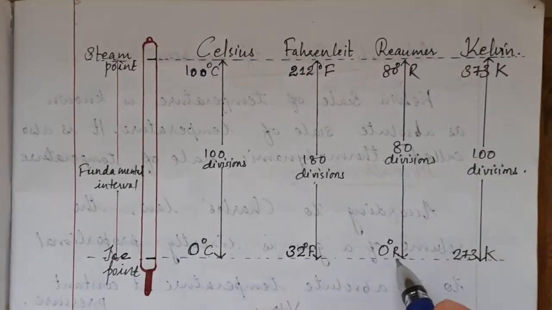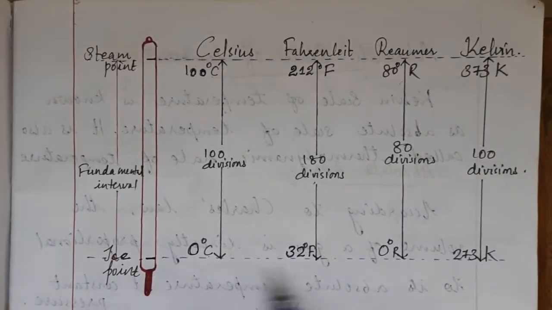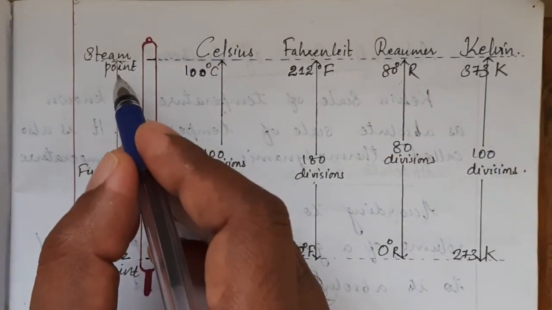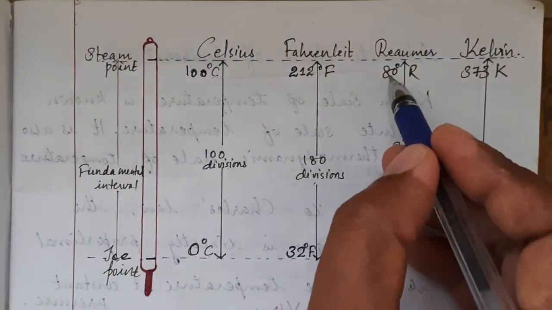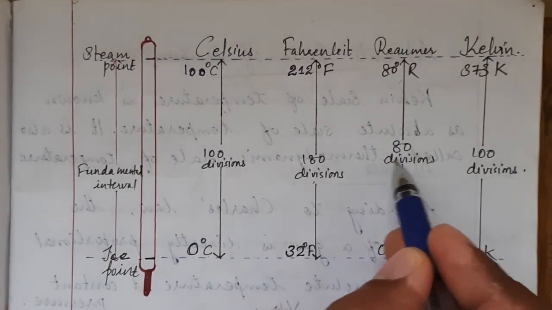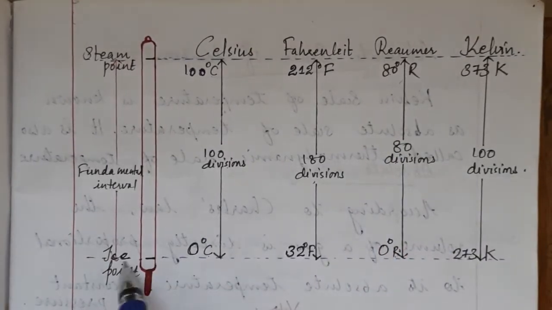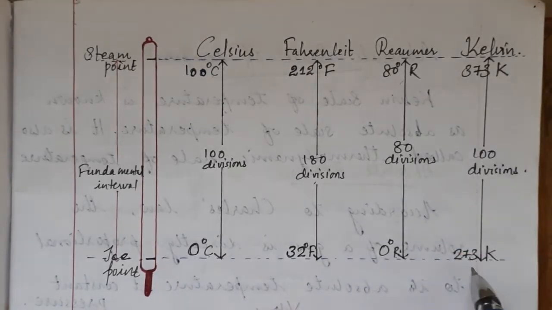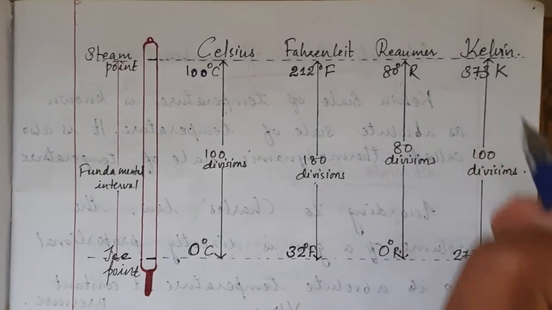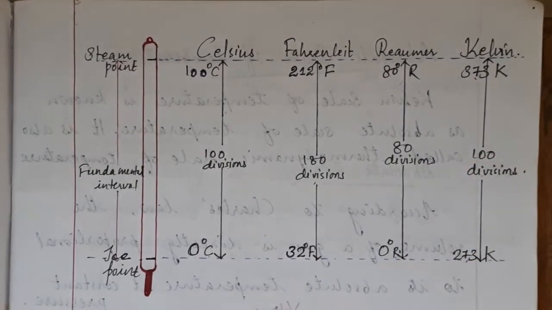Similarly, in the Romer scale, the ice point is taken as 0 Romer, and the steam point is taken as 80 Romer, divided into 80 divisions. Similarly, the ice point in Kelvin scale is 273 Kelvin and the steam point is 373 Kelvin, divided into 100 parts.